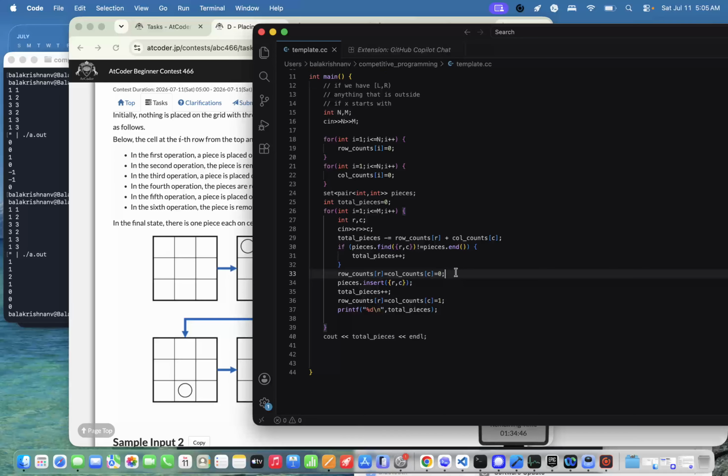I think finally this is what's happening. Okay. We need to remove all the pieces.